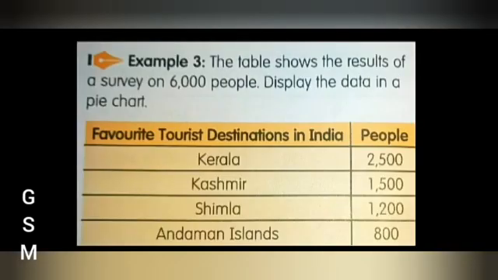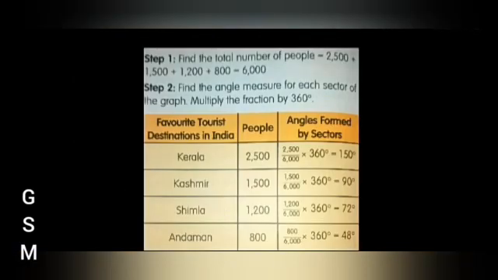Example, the table shows the results of a survey on 6,000 people. Display the data in a pie chart. Step 1. Find the total number of people, which is equal to 2,500 plus 1,500 plus 1,200 plus 800, which is equal to 6,000. Step 2. Find the angle measure for each sector of the graph.